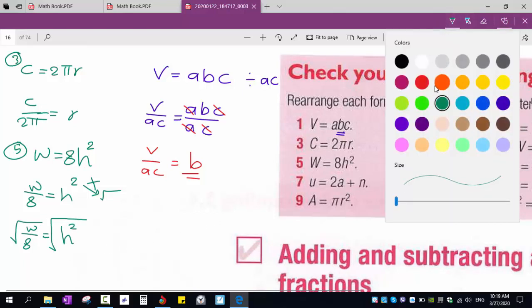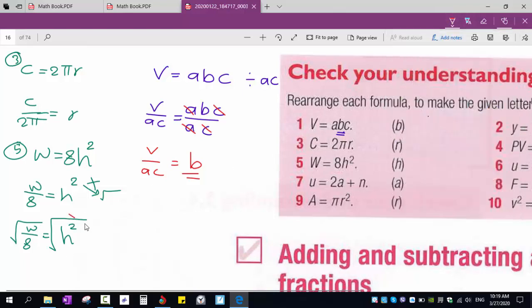And square root with power 2, they always cancel each other. What's remaining on the side is only h. And on the other side, since there is no power 2 to cancel, the square root will stay. So that's how it looks. The square root of w over 8 is equal to h because the square cancelled the square root. This is question 5.